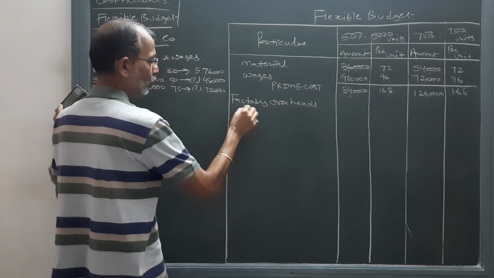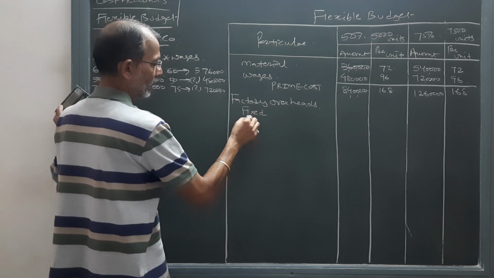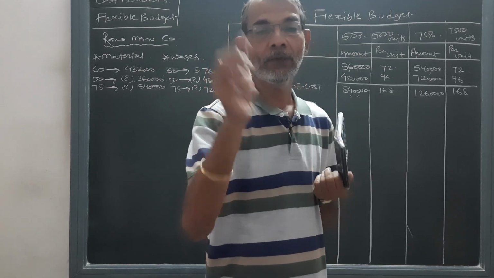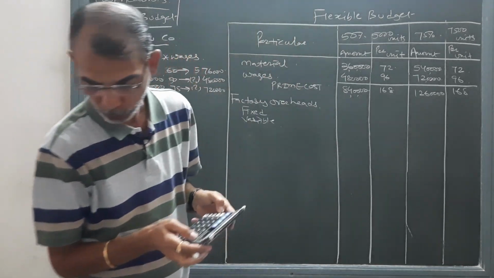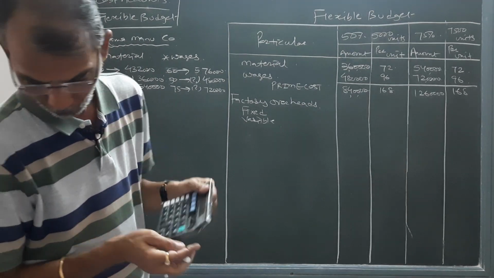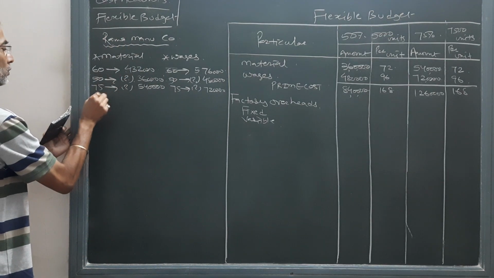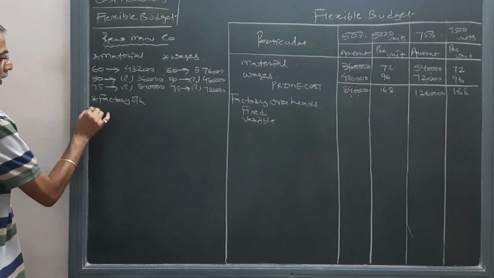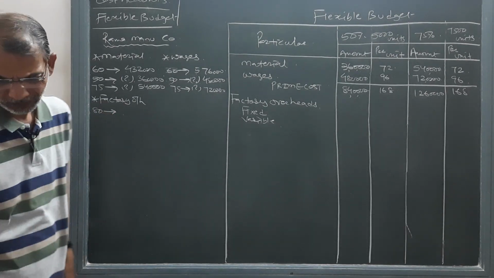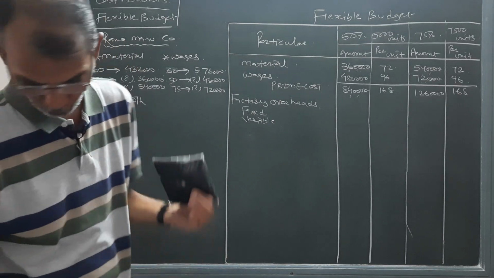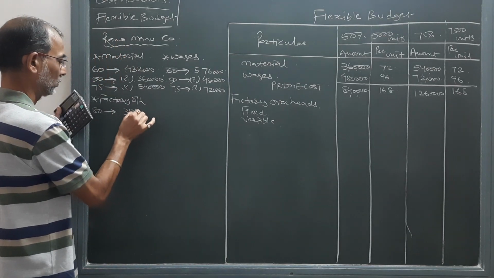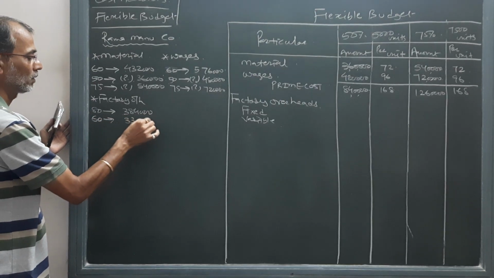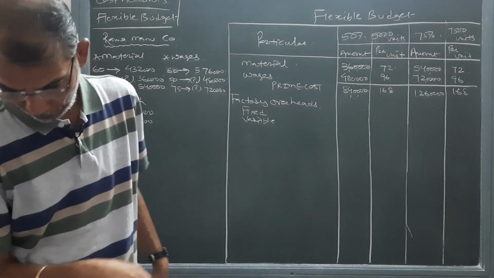Now will come factory overheads, which include fixed and variable. See how fixed and variable are to be found. At 80% capacity those are 3 lakh 84,000, while at 60% capacity that is 3 lakh 36,000. 384, 336.